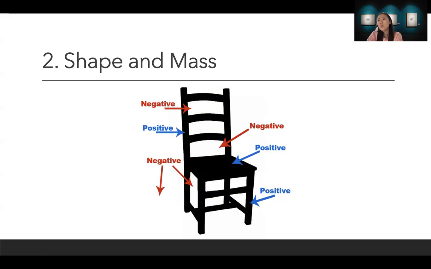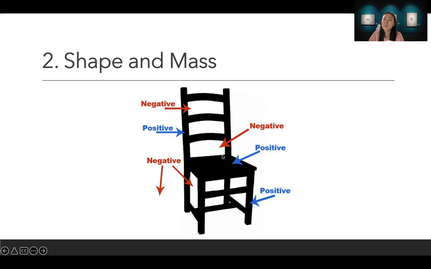In art, we can divide an image into positive shapes and negative shapes to make contrast. Positive shapes are the shapes of the actual objects. So in this image, the chair is the positive shape.